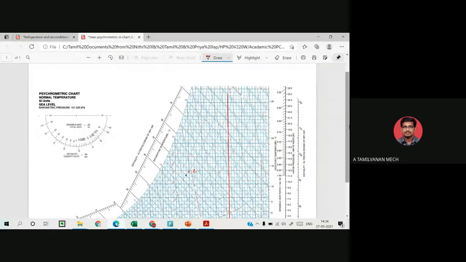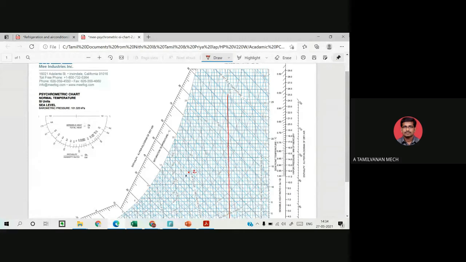Extend the line here; this is the outdoor point, and here is the room point. So mark point 1 and point 2.